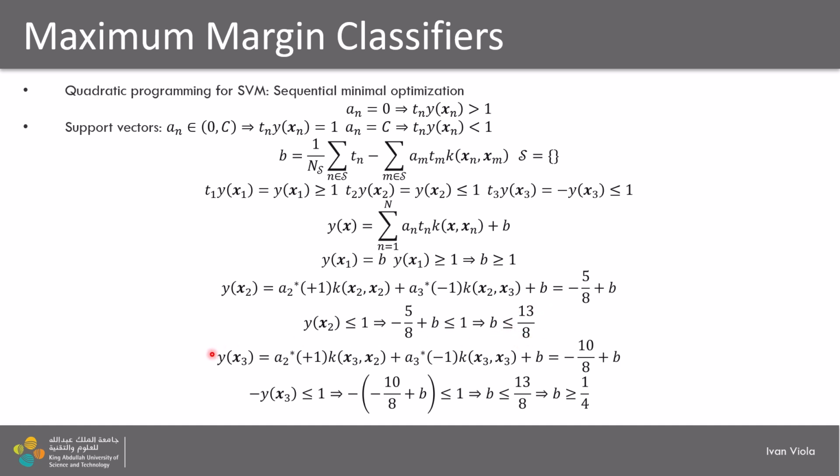And then finally we have the formula for x3, and it will tell us that y(x3) is equal to minus 10/8 plus b.